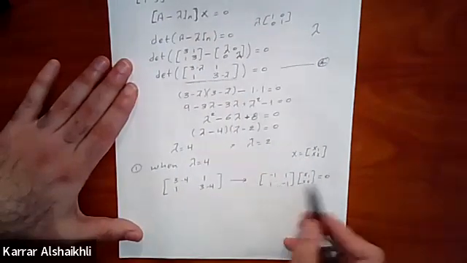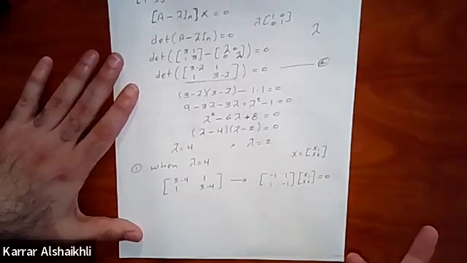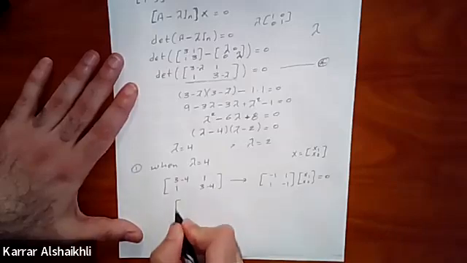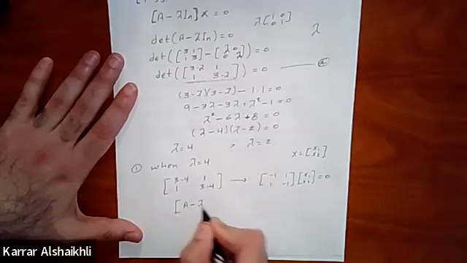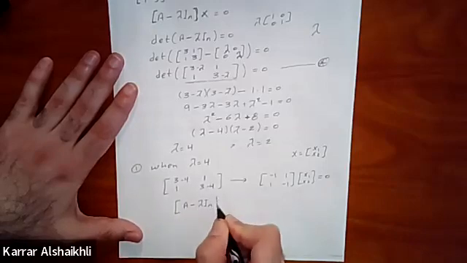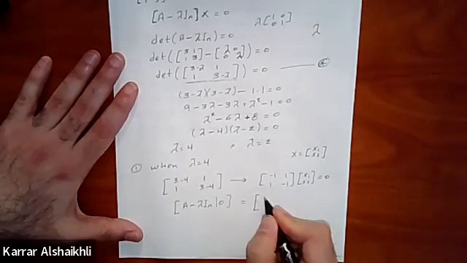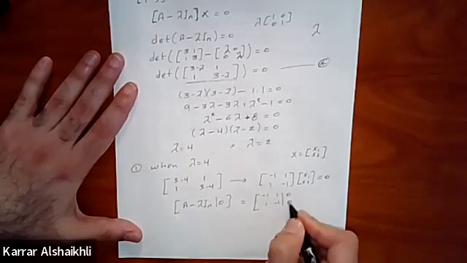So how are we going to find the solution here? It's up to you. You want to convert it to 2 equations and solve it, or you want to say this is the matrix A minus lambda I with the 0 and find it, going to be equal -1, 1, 1, -1, 0, 0.